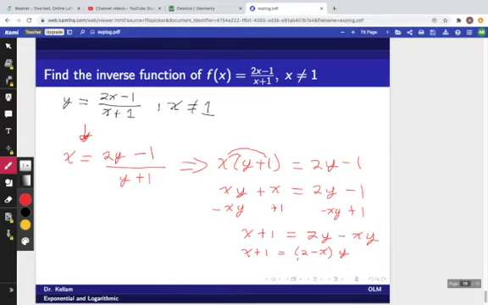And then I'm going to divide everything by 2 minus x. What happens? I end up with y equals x plus 1 over 2 minus x.